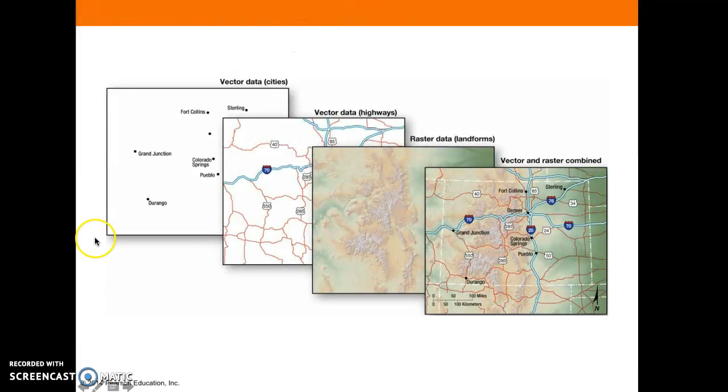So if you're looking at your GIS data, you're going to get vector data that tells you where the cities are. So this is location data. You also get vector data that tells you where the roads and the highways are. And then you take that raster data. The raster data is landforms. And then you overlay them. And so you end up with landforms with the streets laid over it and then the cities.